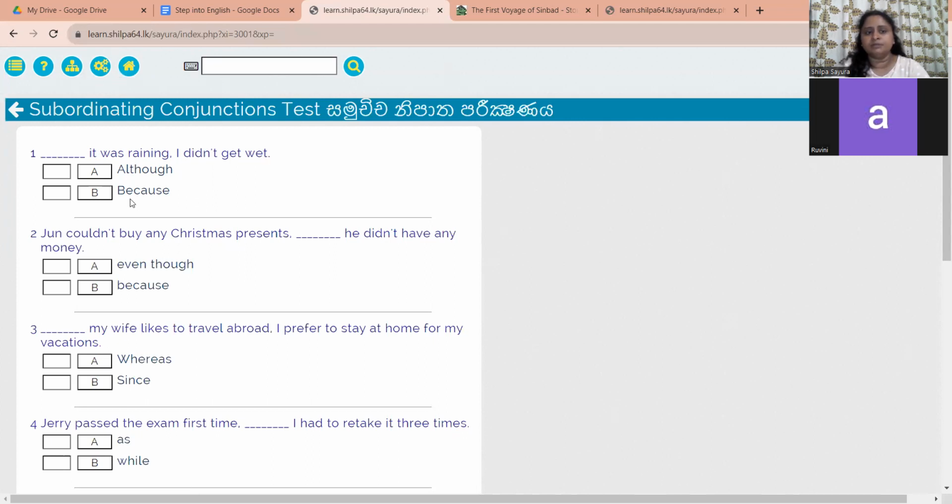Two options are given, A and B. You have to select the correct answer. Blank. It was raining. I didn't get wet. What is the answer? Yes, let's see your answer. A. Okay. Although it was raining, I didn't get wet. Yes, correct.